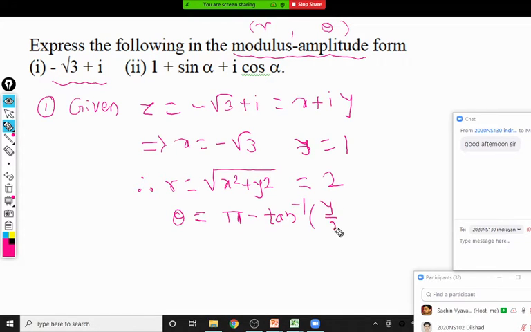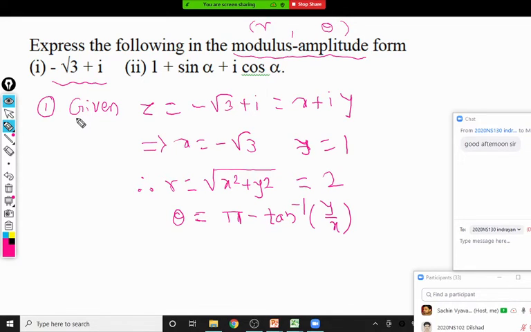Now this is one of the important things that you should keep in focus, because here x is negative, y is positive, and this angle is in the second quadrant. Actually, on a calculator, if you calculate tan inverse of minus 1 by root 3, you are going to get the angle of the second quadrant only.